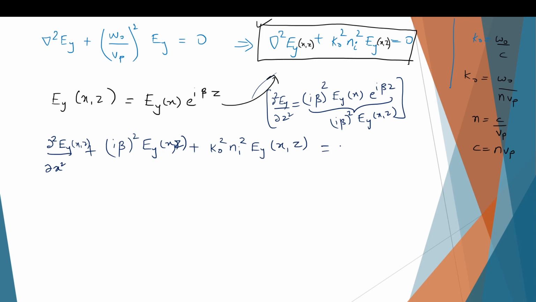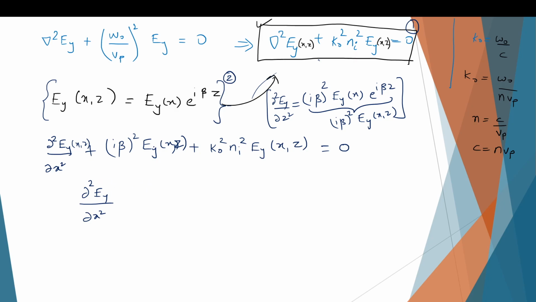So this is equal to 0. Basically I'm just substituting this in, so if I call this 2 and that 1, by substituting 2 in 1 I get this, and further simplifying, I'll drop this x comma z term.